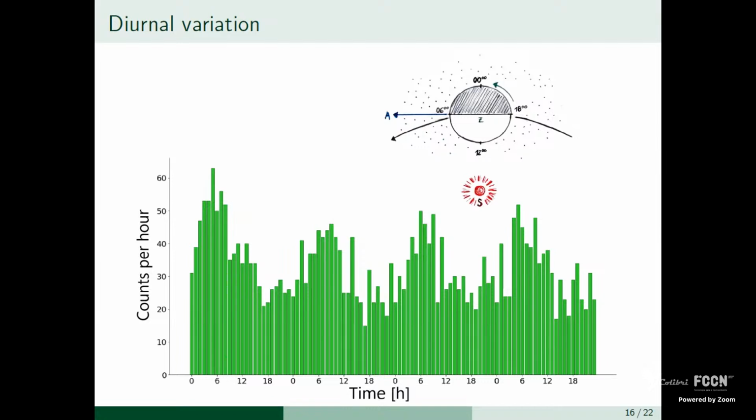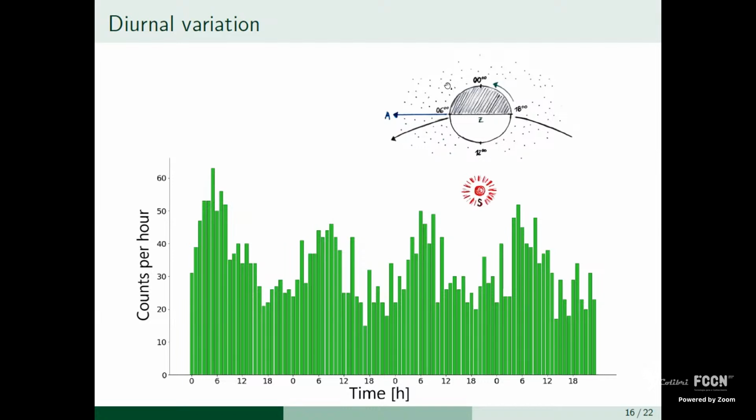This belongs to the sporadic meteors, and it's because as the Earth is moving around the Sun on its orbit, at every second it is heading towards the direction we call the apex. And as it's moving in the solar system, where the particles that are burning in our atmosphere are, their relative velocity is bigger in the forward direction of the Earth, and smaller in the back direction.